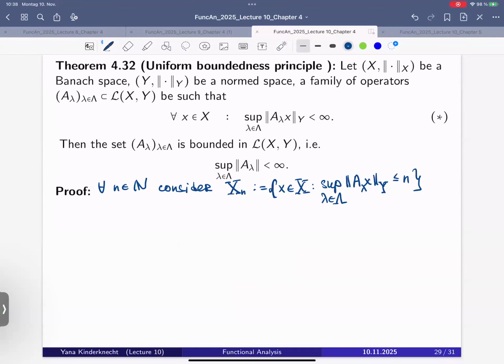Okay, so this X_n can be represented in the following way. This is an intersection over all lambdas in big Lambda of pre-images, with respect to A_lambda, of the closed ball in the space Y of radius n around 0.